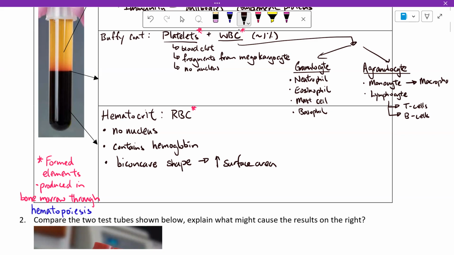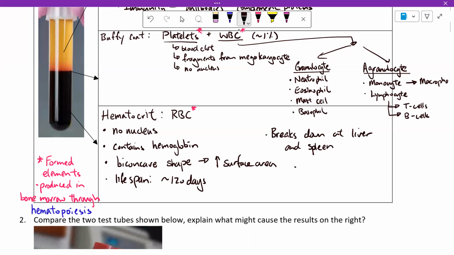The white ones do, sometimes they have more than one, actually. Lifespan, approximately 120 days. Breaks down at liver and spleen.